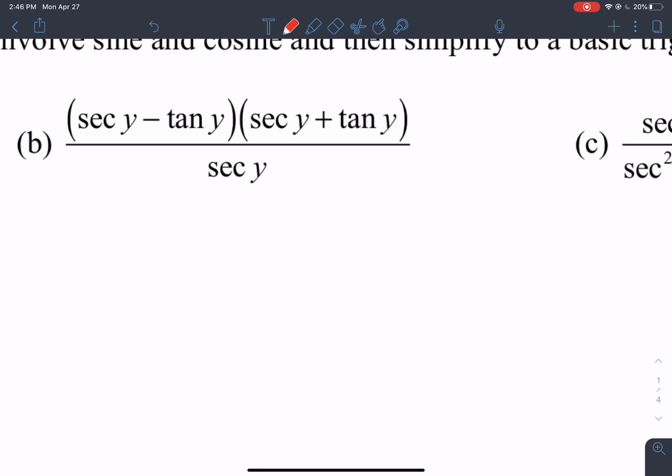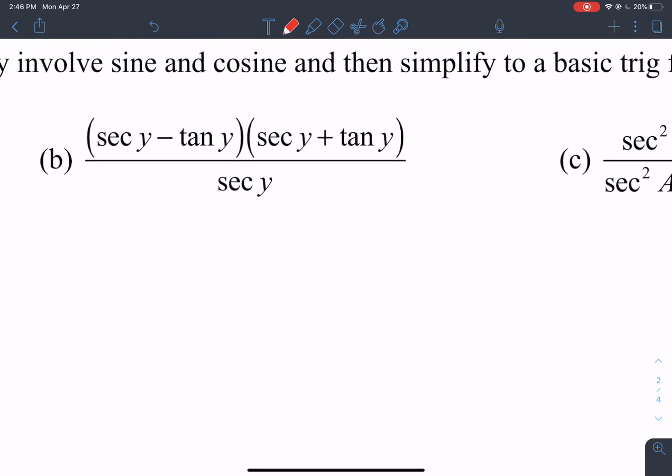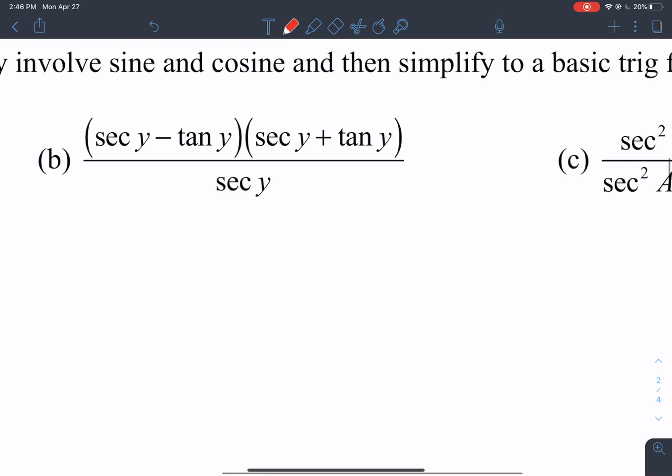Now for this one, I know it says to change to sine and cosine, and you can certainly do that. I think it's just going to take you a little bit longer to come up with your answer. I think it's a little bit easier if we just multiply out. Your top factors to a difference of two squares, right? So secant times secant is going to be secant squared.